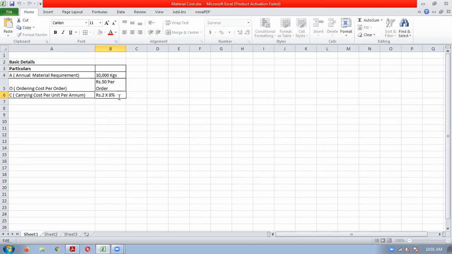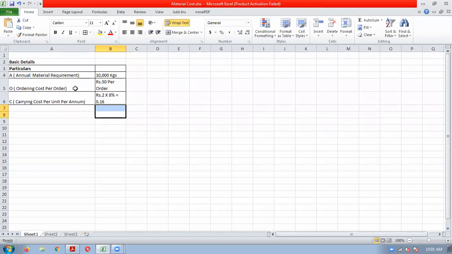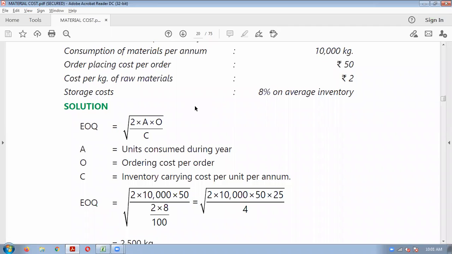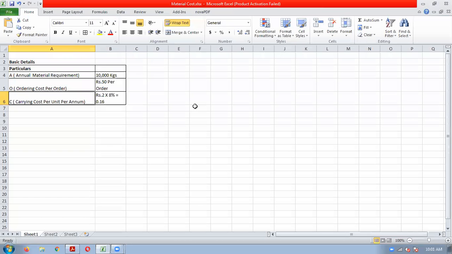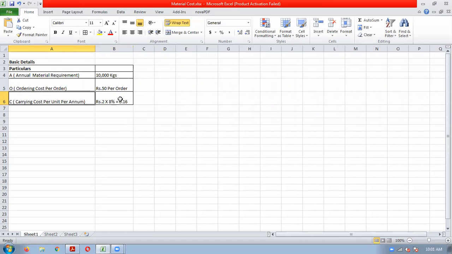Everybody should have a calculator for solving this illustration. So 2 into 8% will be 0.16. So this will be our carrying cost per unit per annum. To store 1 unit, you will require 0.16 rupees.